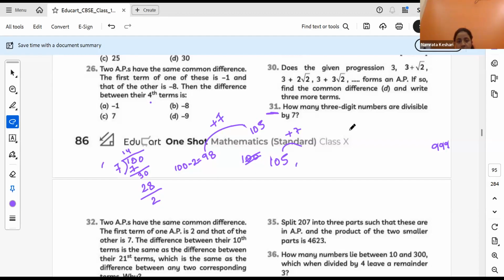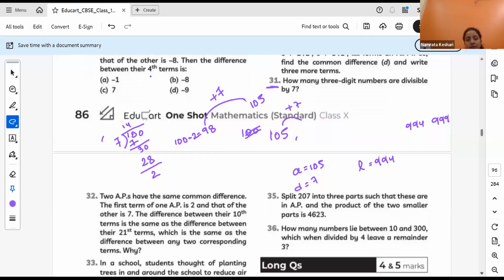Ma'am, it's 994. So we know the first term, we know the common difference, we know the last term. We'll be able to find the number of terms, right? Yes, ma'am. Leave it.